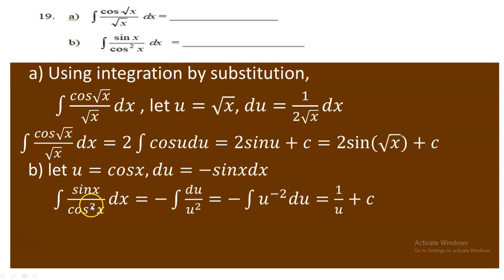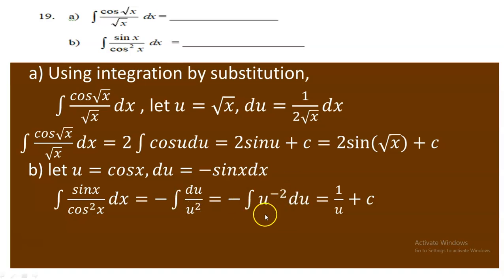So this is nothing but 1 over u squared, because the denominator is already u squared, but sine x dx is negative du, so the negative can be taken out, then the integral of du follows. And we know that this is the same as u to the power of minus 2 du, since 1 over u squared is the same as u to the power of minus 2.